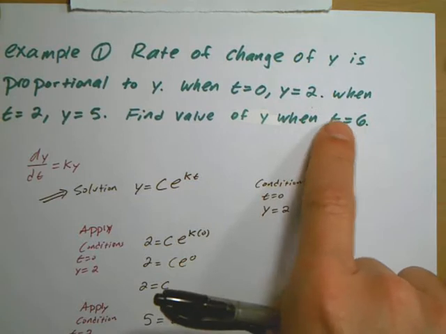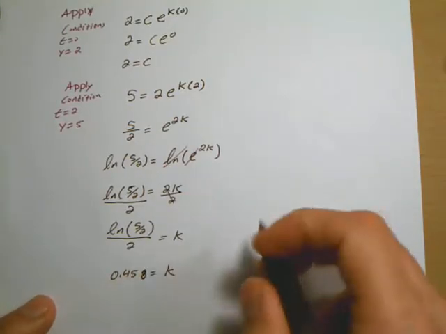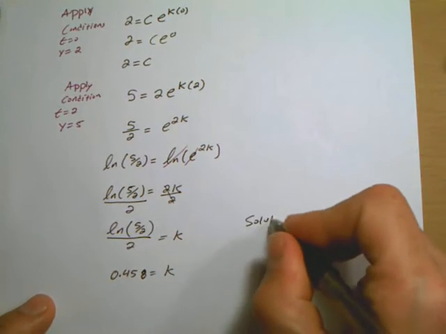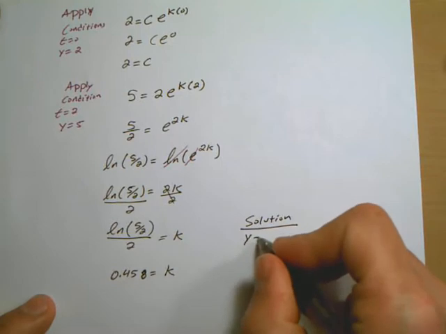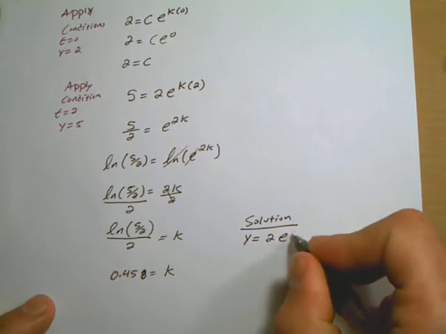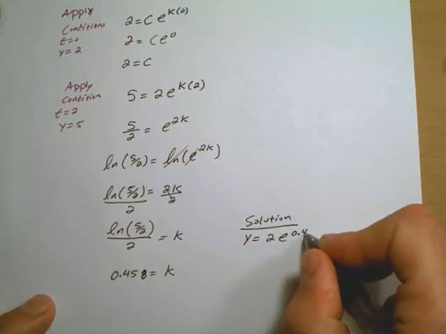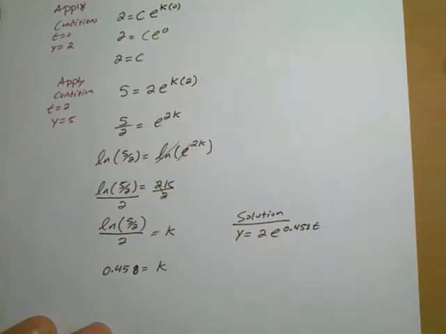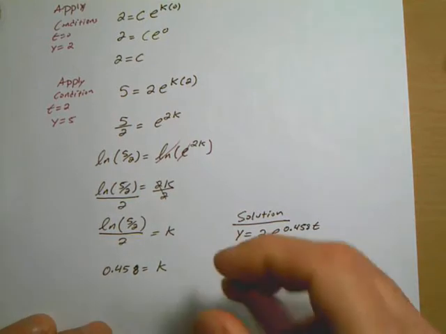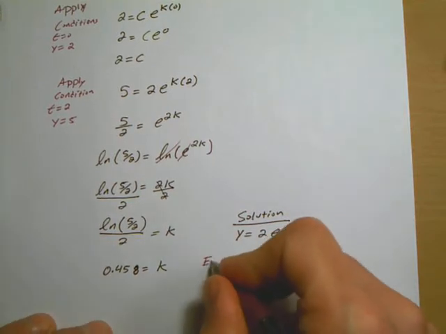And then what I was asking for initially was to figure out the value of y when t is equal to 6. So my solution is going to be y equal to 2 e to the 0.458 t.